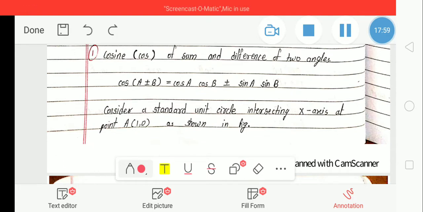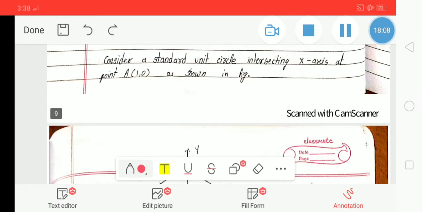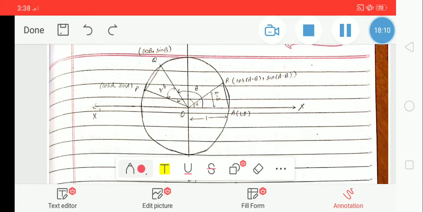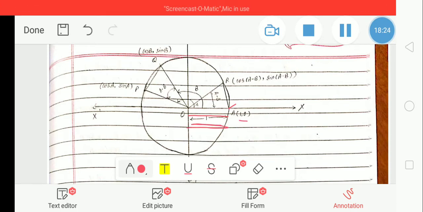Consider a standard unit circle intersecting the x-axis at point A (1, 0) as shown in the figure. So this is the figure. Radius is r, means 1. The point A is (1, 0), means x is equal to 1, so this distance is 1 and y is equal to 0.